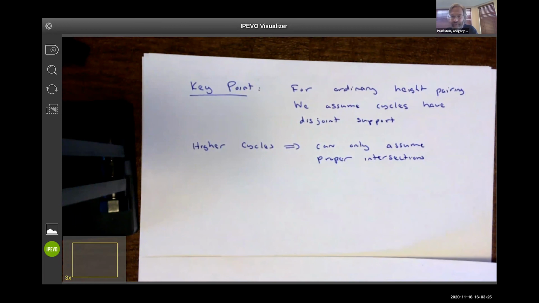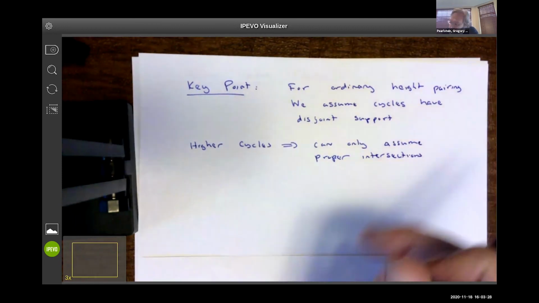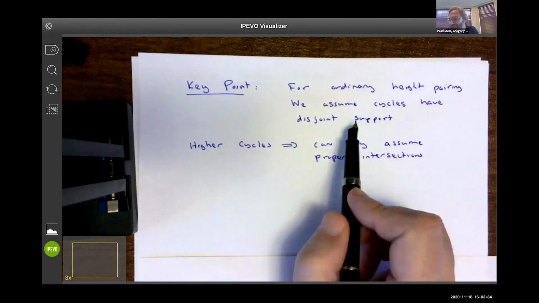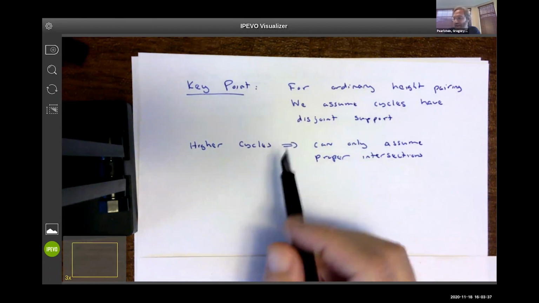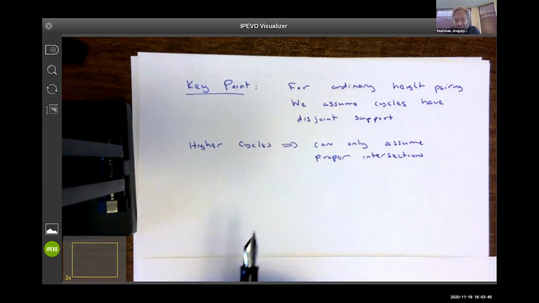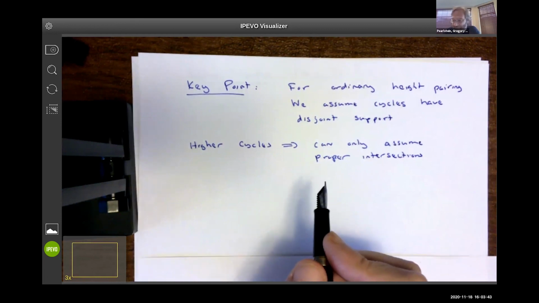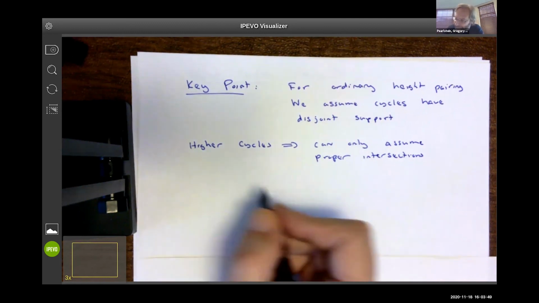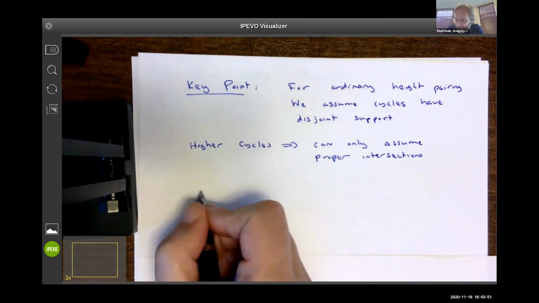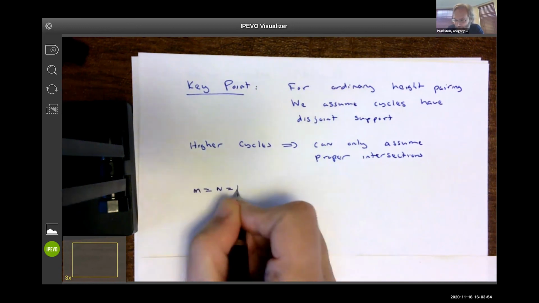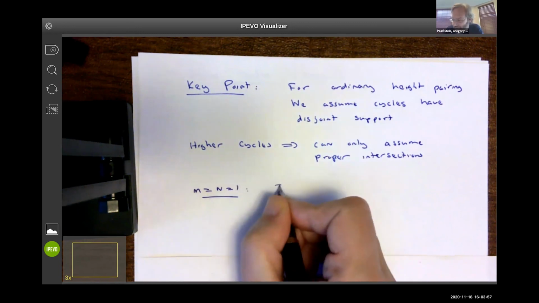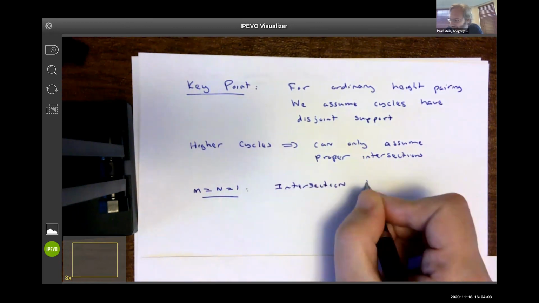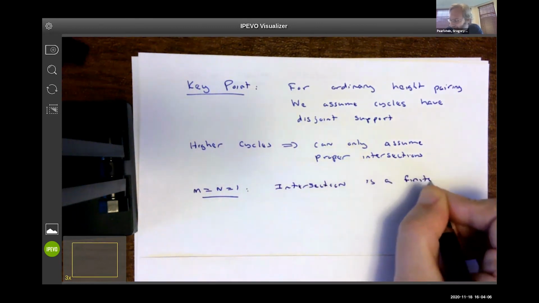All right, so now I want to emphasize the following key point. For the ordinary height pairing, the cycles have disjoint support. They don't intersect. For higher cycles, you only get to assume proper intersection, and that intersection is most likely not empty. That's one of the big issues. Okay, so when m is equal to n is equal to 1, then this intersection is a finite number of points.